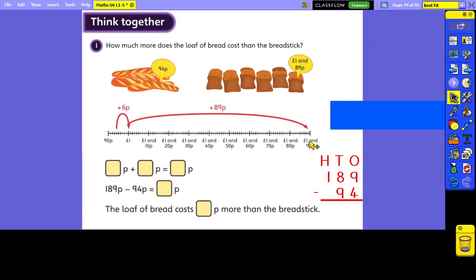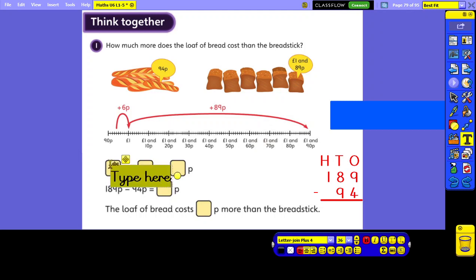Okay, so I need 89, and to that, I'm going to add my 6 pence, because that's what I've got on my number line. And that is going to come to 95 pence. So I think the loaf of bread is going to be 95 pence more than the breadstick.